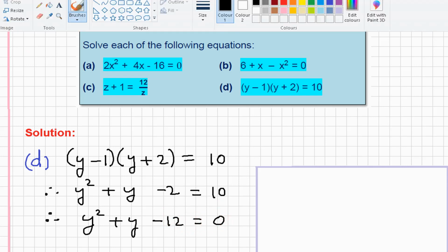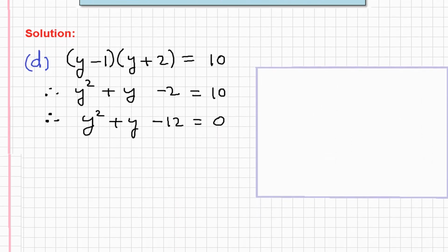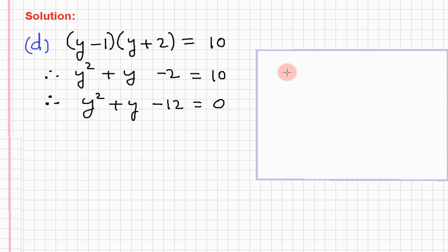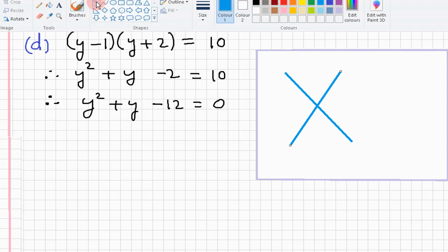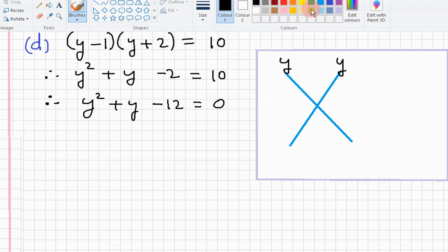Now we can use the cross method. The factors of y squared are y and y. And we can look at the factors of 12.